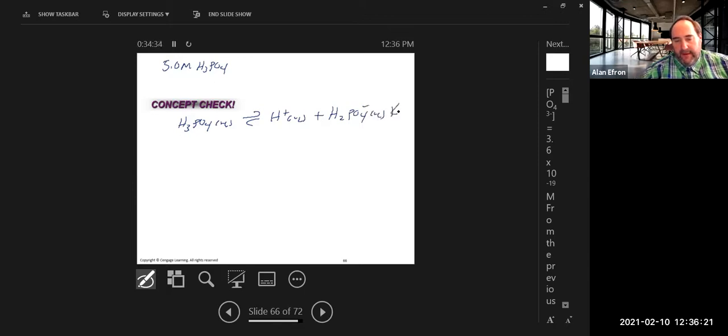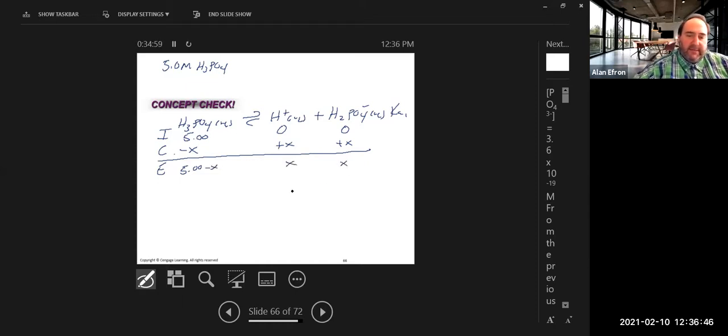And that's going to be our Ka1. So initially we do have 5, so we do need to do a nice table. We're going to do 0 and 0 here. The change is going to be minus X, plus X, and plus X, which means when we reach equilibrium, we would have 5 minus X, X, and X. So ice table, pretty similar to sort of what we've done before.